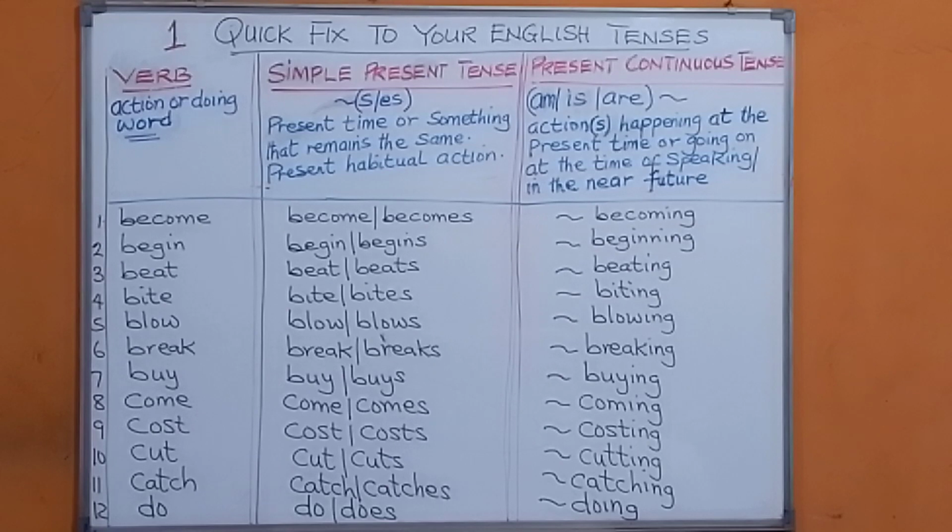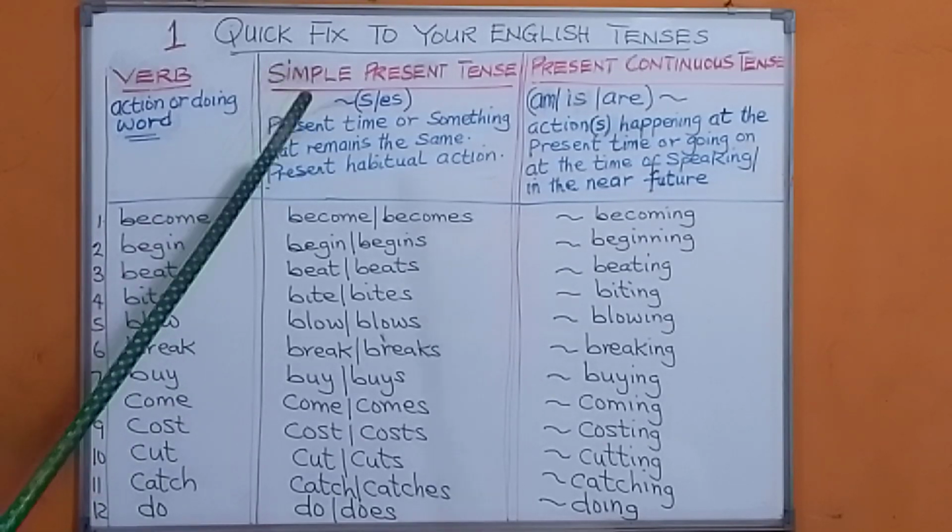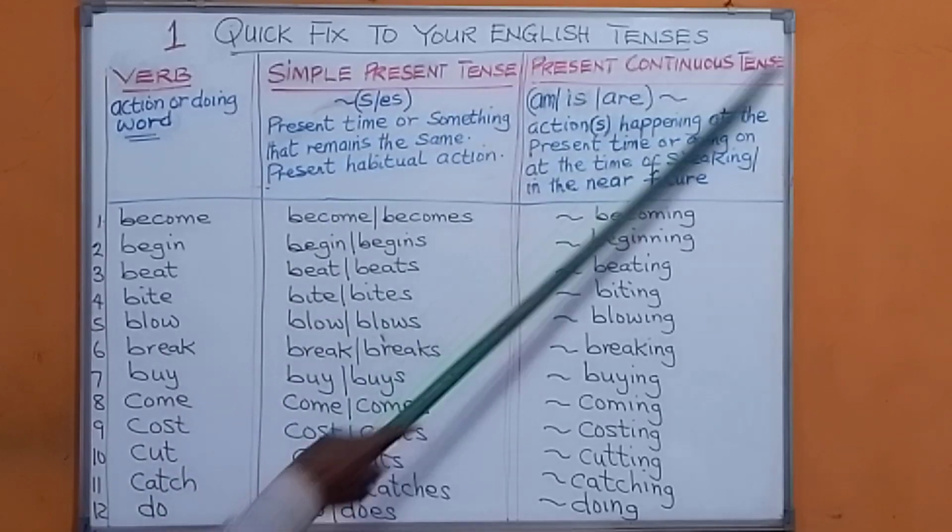If an event or action is happening at the time you are speaking, you put that particular event in the present continuous tense. Let's look at some verbs and see how to use them in present simple tense and present continuous.